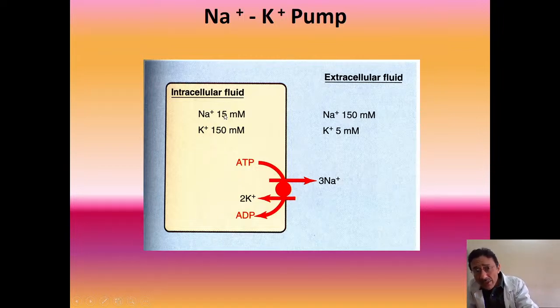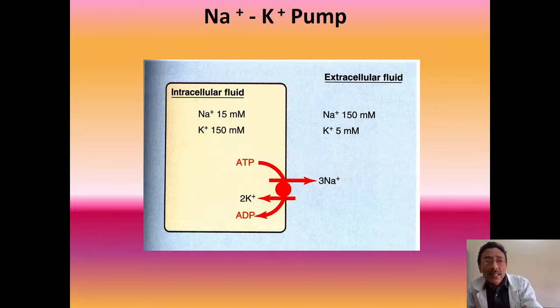The concentration of sodium inside is around 14 milliequivalents and outside it is around 150 milliequivalents. Simultaneously, the concentration of potassium ions in the ECF, outside, is 5 milliequivalents, whereas inside it is 150 milliequivalents.